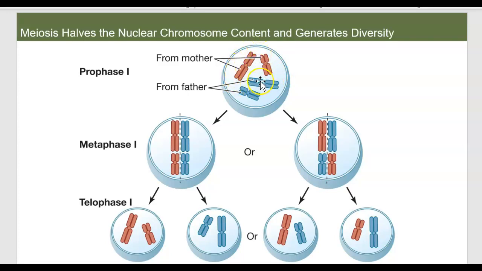Here you got a pair from your father. Each one of them has made copies. So here you can see now we have one from the homologous pairs from mom and dad with their sisters that are all lined up here at metaphase 1.